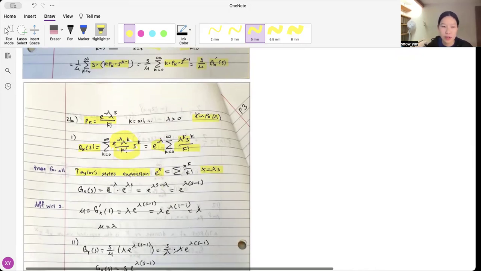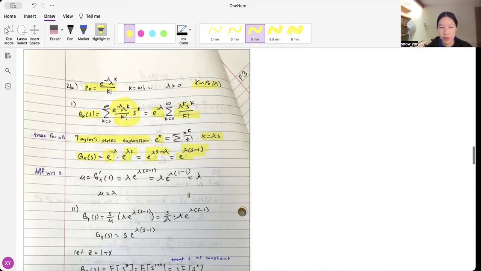G_X(s) is equal to e to the negative lambda, the front thing, times e to the lambda s from the Taylor expression. Since it's exponent multiplication, I just do subtraction in the exponent, take out the lambda factor, and I get e to the lambda times (s minus 1).